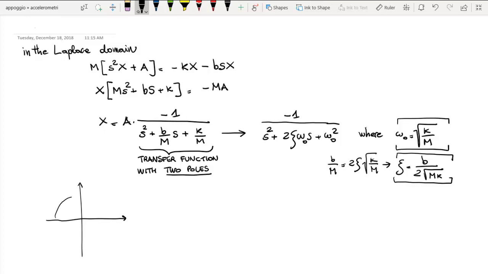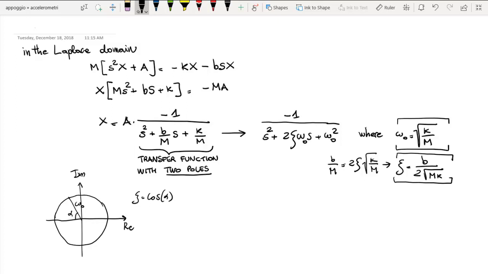So the two poles are like this. They are on a circle of radius omega 0, and xi is equal to the cosine of alpha. This is the meaning of xi and omega 0.